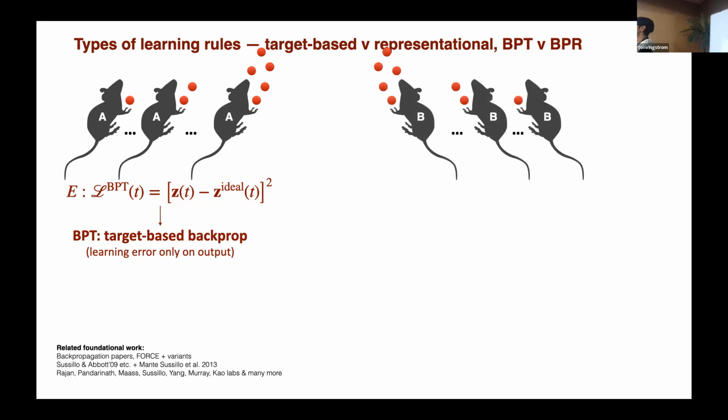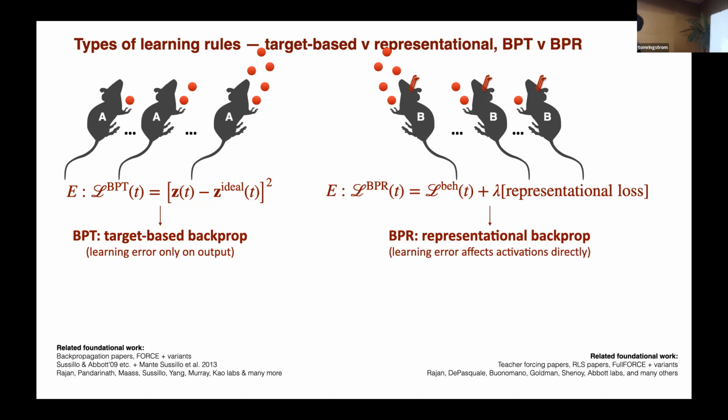Now, another variant or class of learning rules you can imagine would be one in which, while going from naive to expert, you're changing the activations or the actual neural dynamics within the brain to help you solve the task. So how does that work? You could have a loss function that now incorporates a representational loss or a neural loss. And the simplest version of this is you take backprop and slap on an additional cost function.